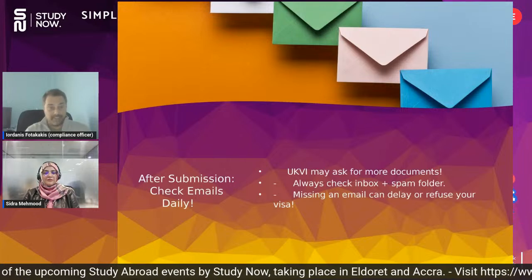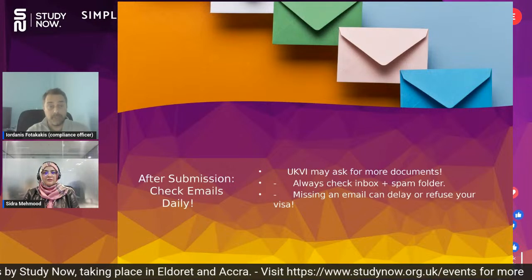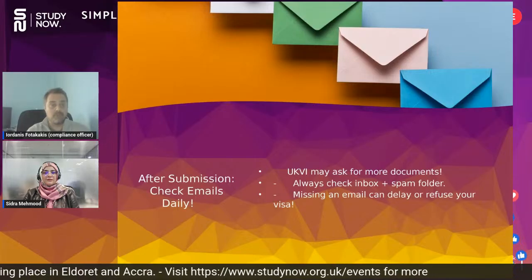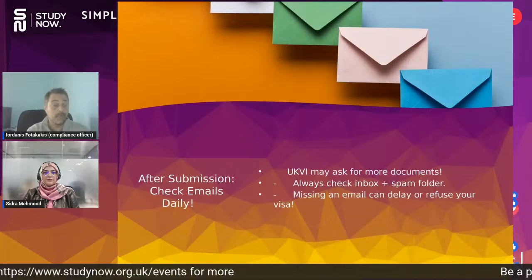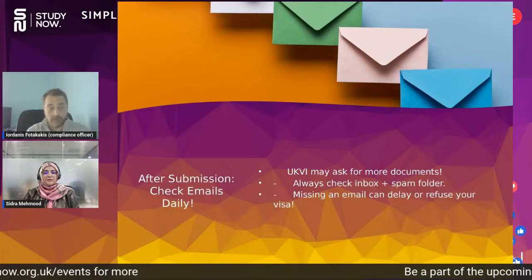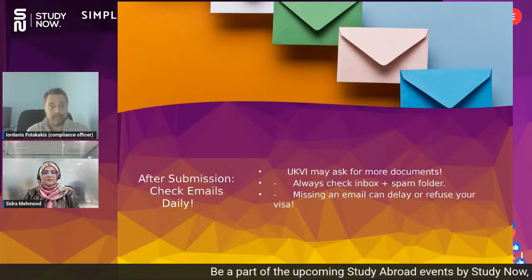After you complete that, after you submit your application, this is very important. UKVI might contact you and ask you for maybe an updated bank statement or for an interview. So I would recommend you check your inbox and spam emails daily.